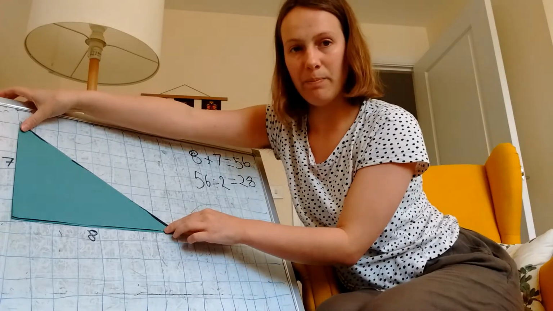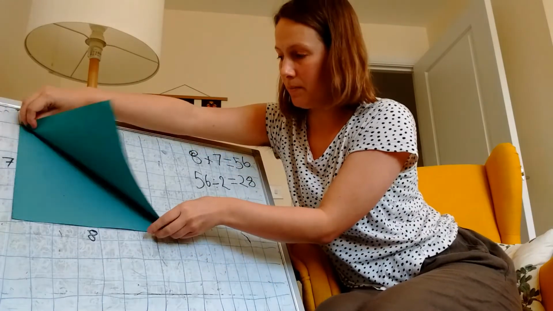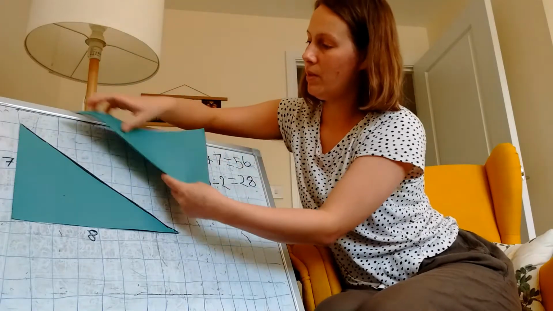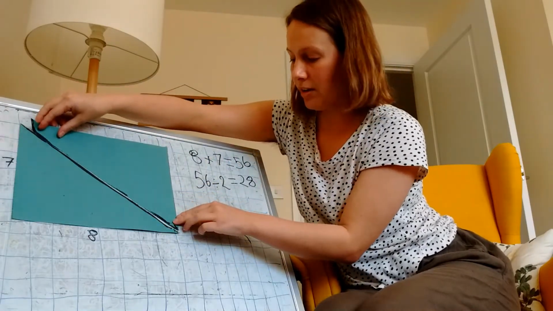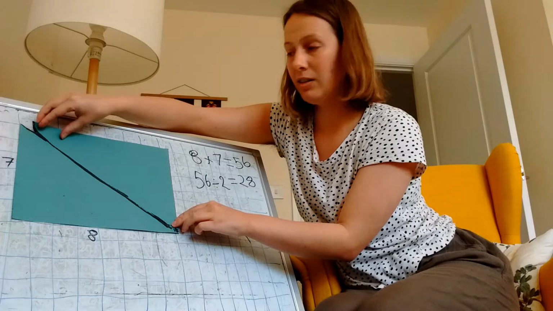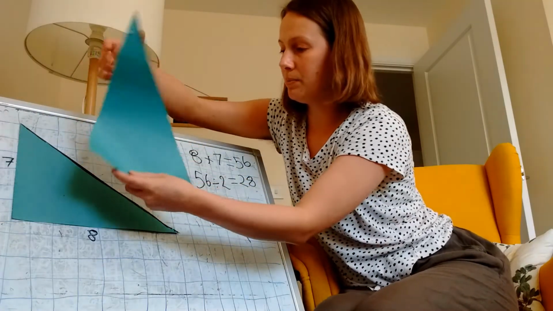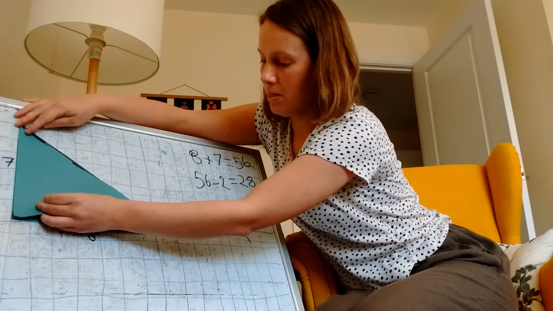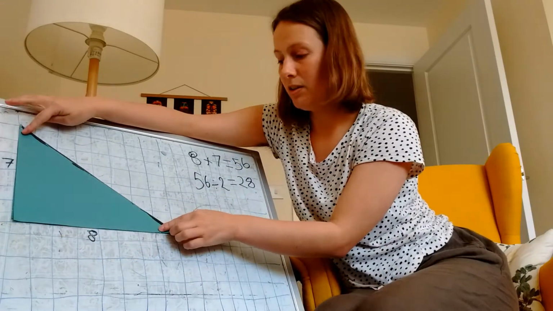The whole thing has an area of 56, so half of it will have an area of 28.